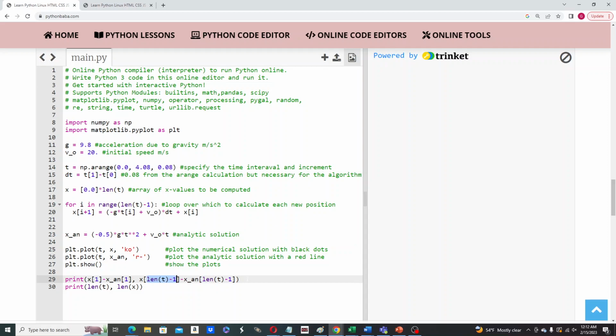And what this will do is allow me to evaluate the two solutions, the numerical solution and the analytical solution. Ideally, they should be as close as possible. Okay, so let's run the algorithm. Oh, and the last line just ensures that my time and my positions have the same number of elements.